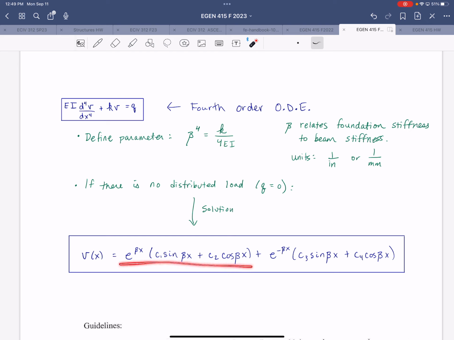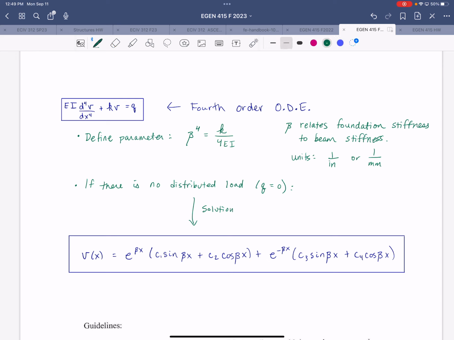So this first term and the second term are very similar to each other. They just have different constants of integration contained within them. And then the sign on the exponent is also different.